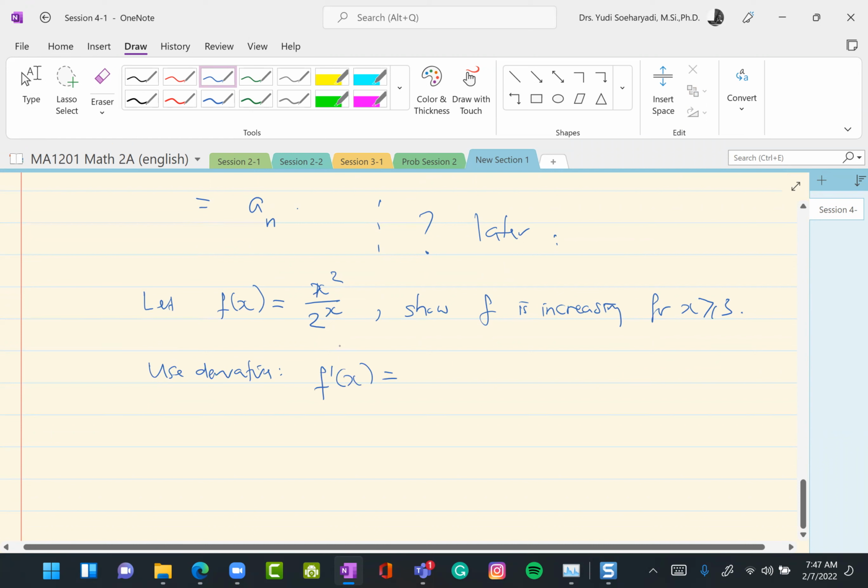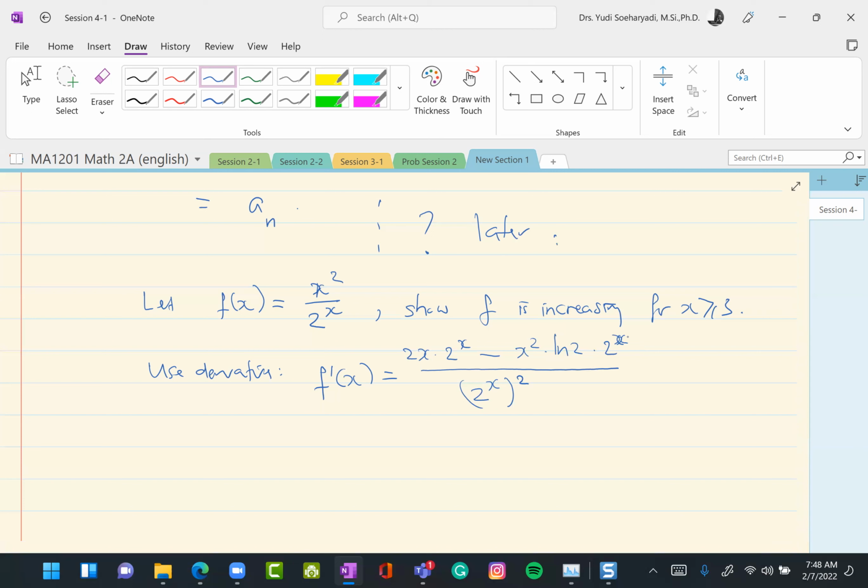Just the derivative of this one. So 2x times 2 to the x minus x squared times the derivative of 2 to the x, so that's ln 2 times 2 to the x, over 2 to the x squared.